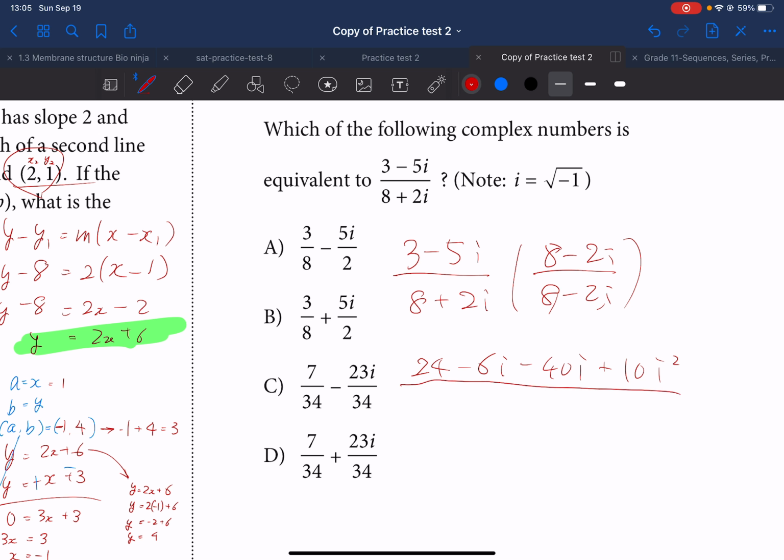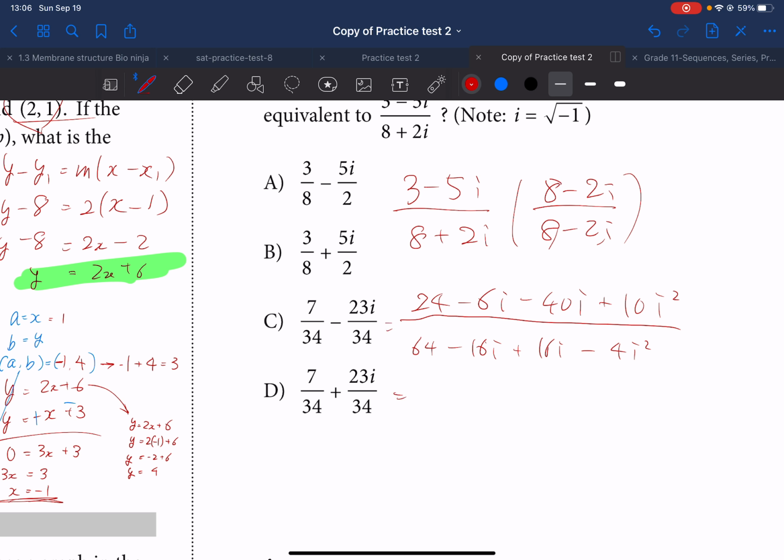And then for the bottom, 8 times 8, 64, 8 times negative 2i is negative 16i, and then 2i times 8 is positive 16i, and then negative 4i squared.